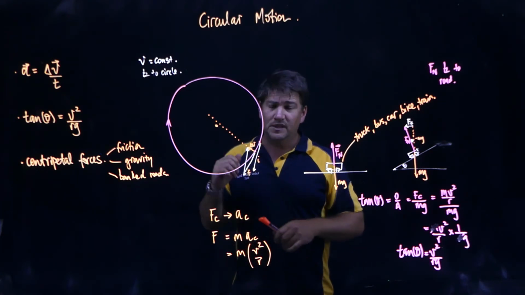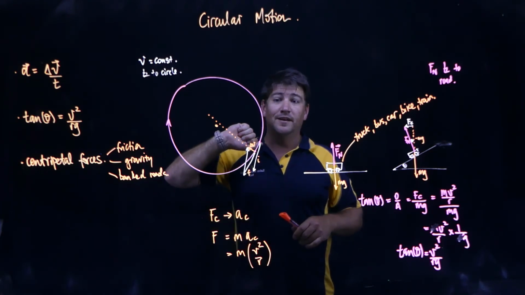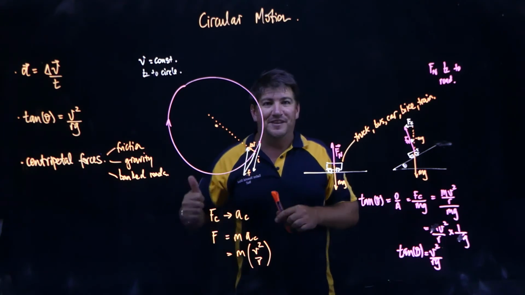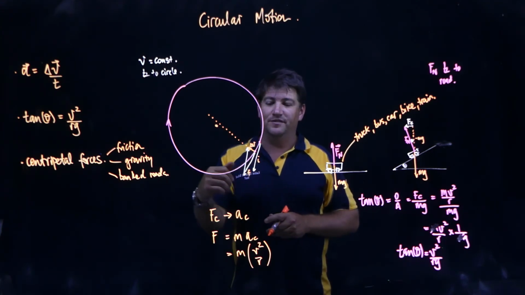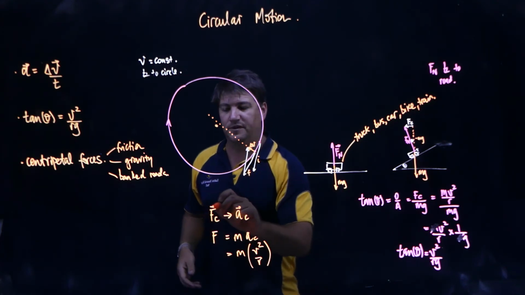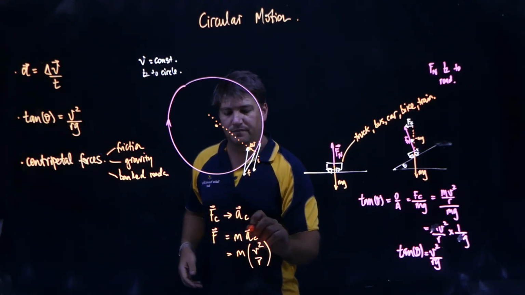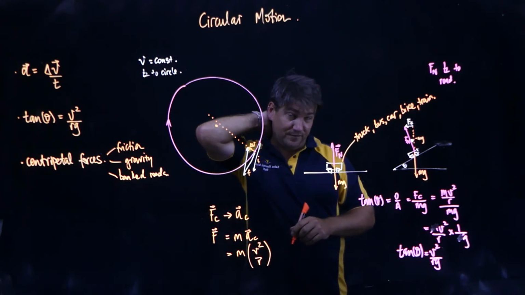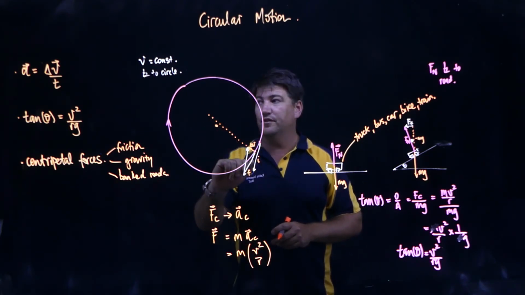So, quick recap. The direction of the change in velocity here, which is the direction of the acceleration, which is the direction of the force, I just spotted these. There we go. The direction of all of those things is towards the centre of the circle.